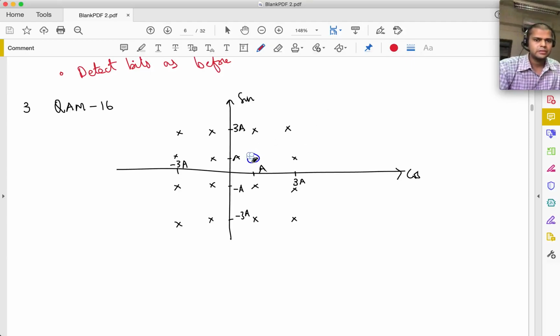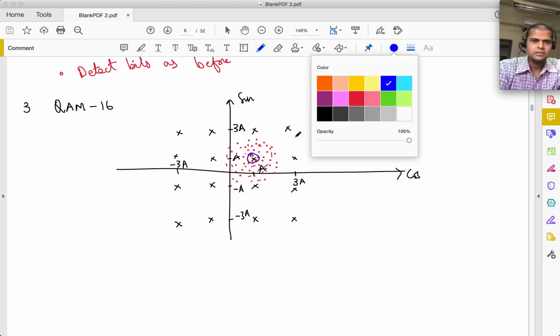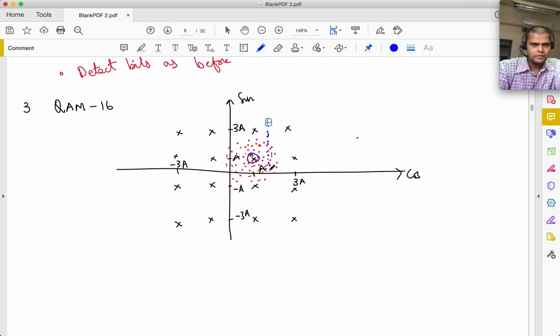So I am going to get something clustered around here. So what is my detection going to be? Well, essentially I have to see which particular constellation point is closest. So clearly if I cross this barrier, I am going to say that it was one of these constellation points.